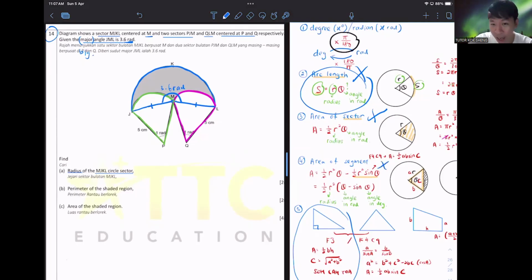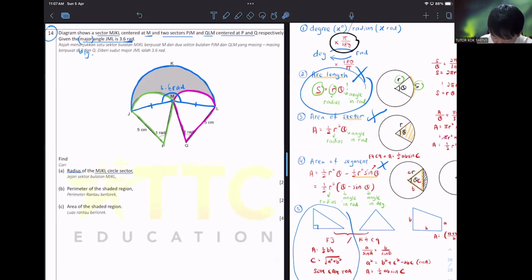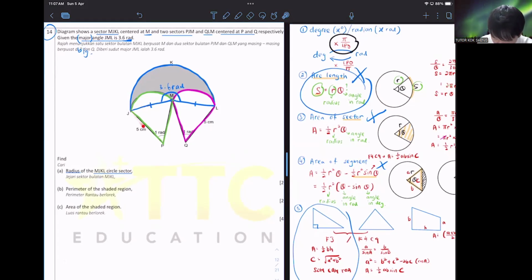It's only a line there, so we go for the triangle to find it. So you go for the triangle JPM. How to find it?